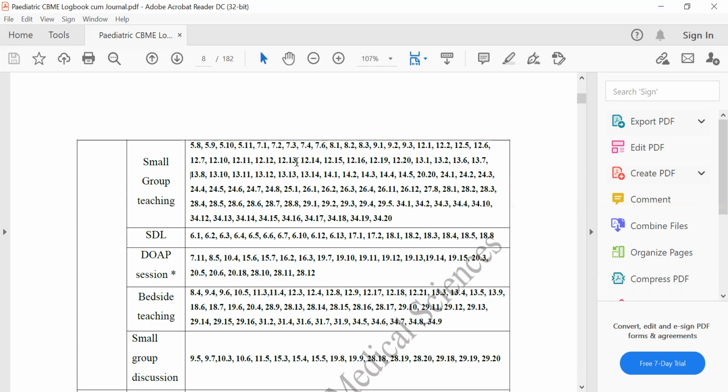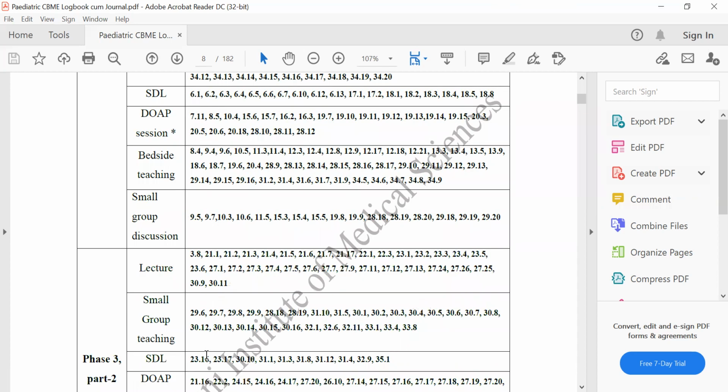So I will teach these competencies by small group teaching. And a few competencies can be taught by self-directed learning. And these are the competencies which will be in clinical posting, by DOAP session, bedside teaching, and small group discussion. So there are a total of 406 competencies, and all of these are divided across 294 hours.